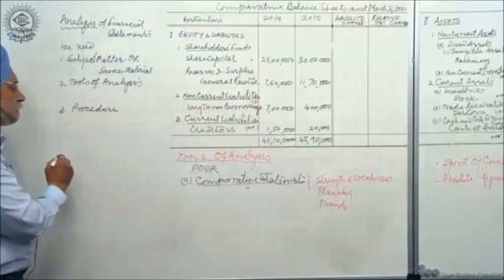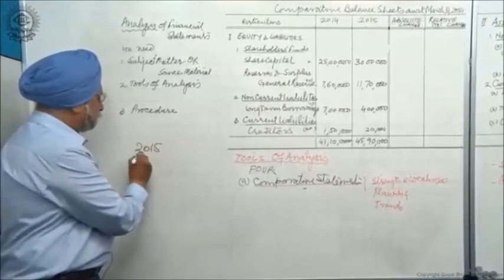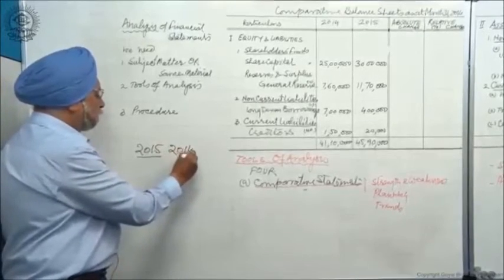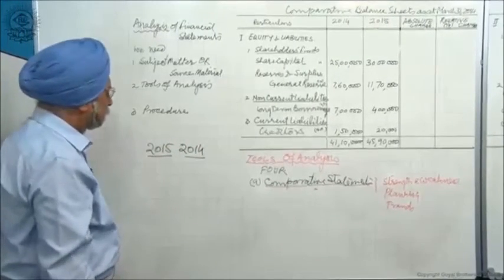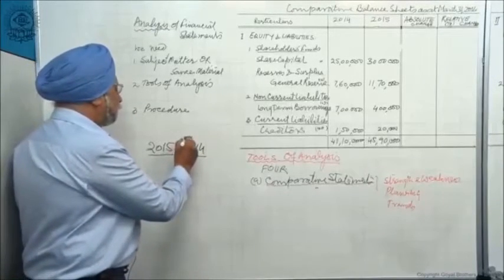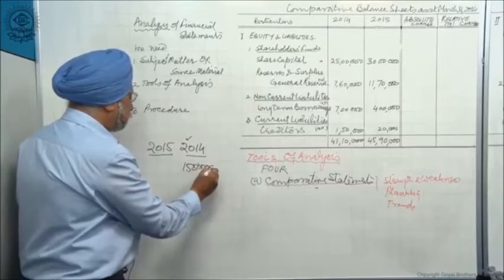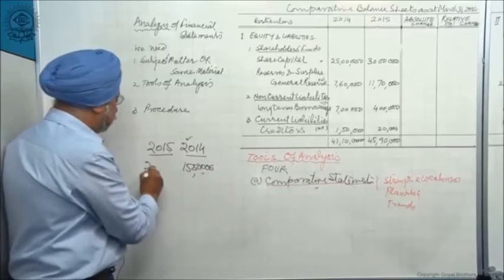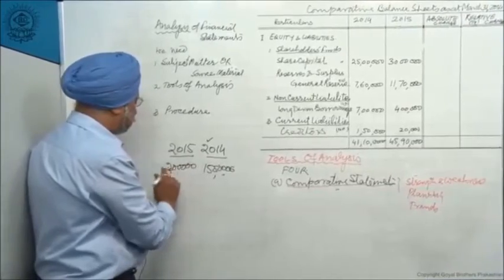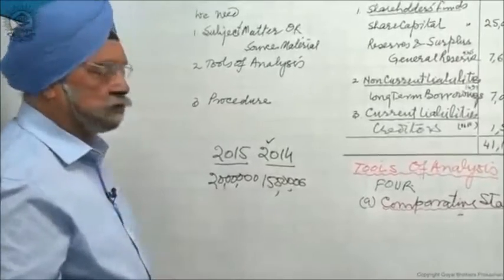Say there are two years, 2015 and 2014. Profit in 2014 is 15 lakhs, and profit in 2015 is 20 lakhs.